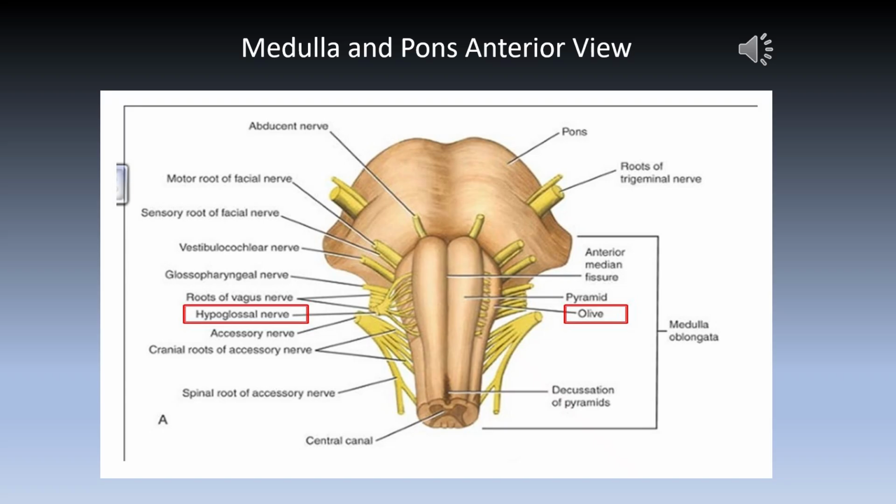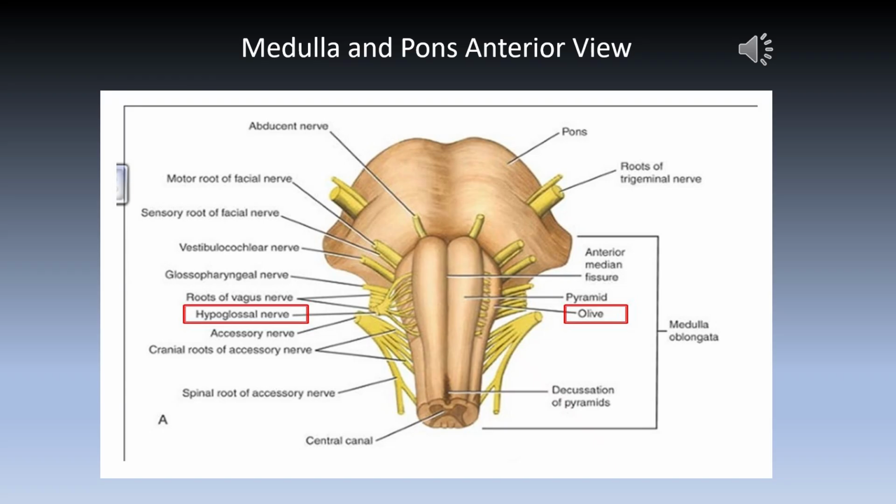So if we look at a cross section, which we will in just a minute, a cross section of the medulla, well, we would see all of those pathways that we have in the spinal cord. They continue right through the medulla oblongata. So we would see those. Now look at the very bottom of this picture here, and you see, well, that's the spinal cord.